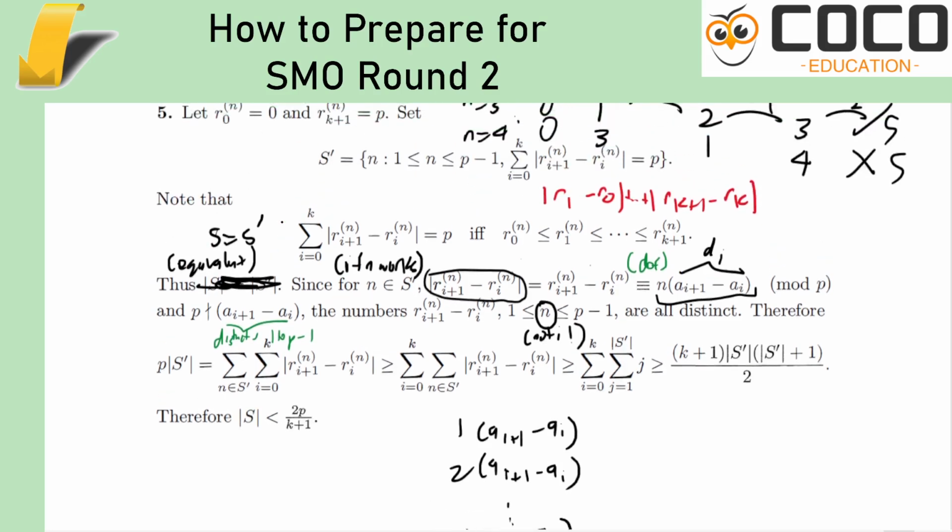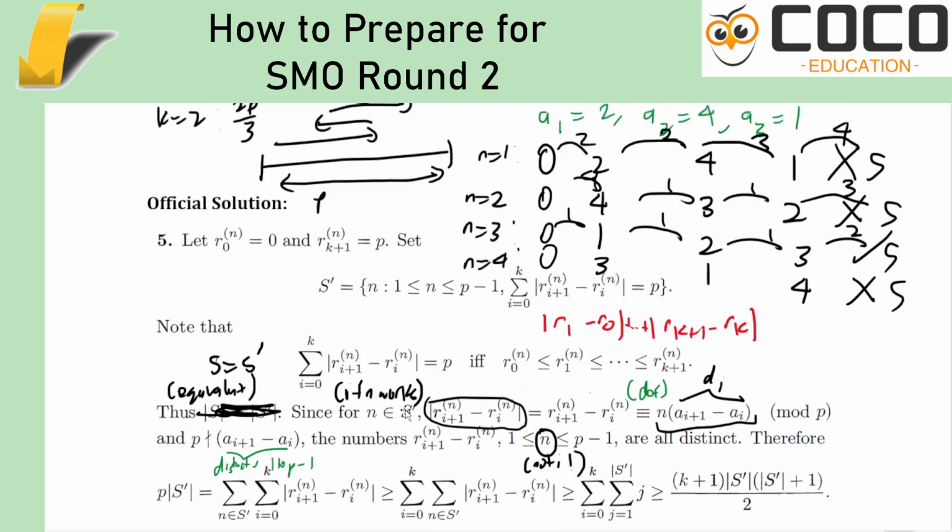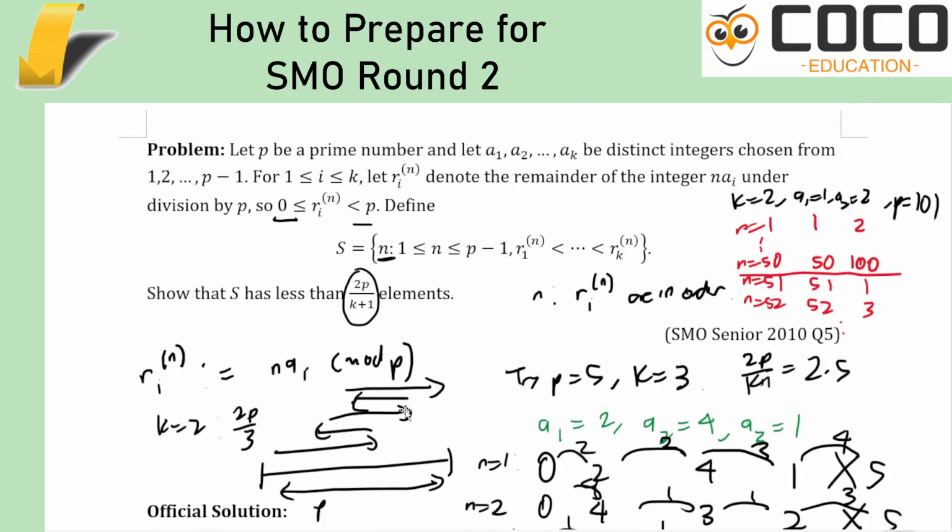Okay, so what am I actually doing? I'm looking at the n's which work. So for the n's which work, for example, in the k equals 2 case, it just means that this difference is 1, this difference is 2, this difference is 50. All of these differences are different.